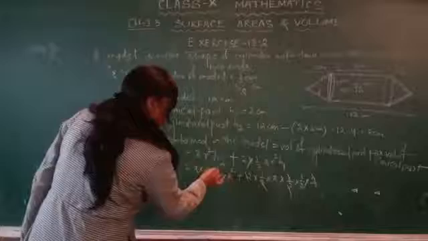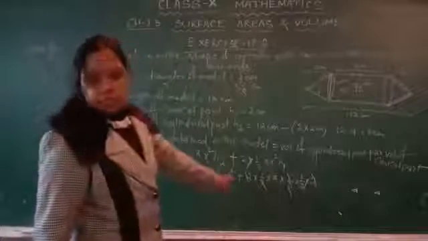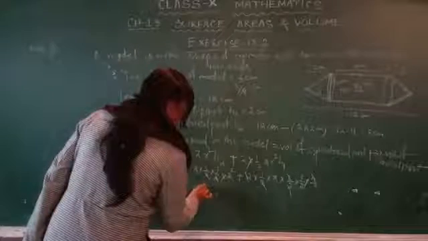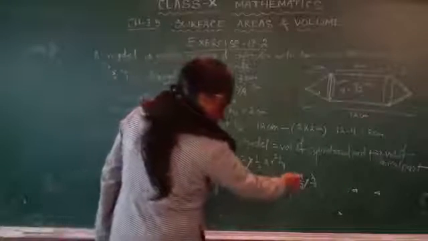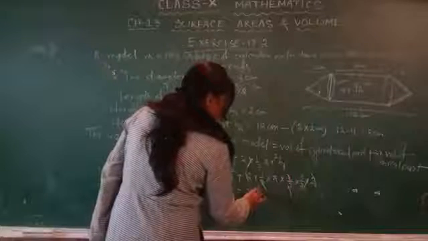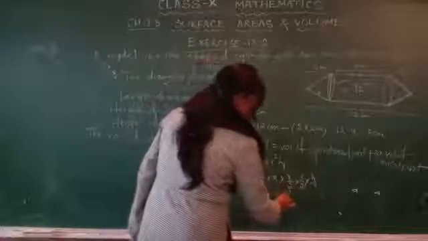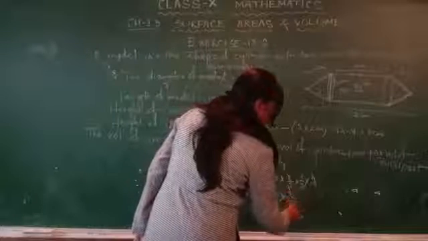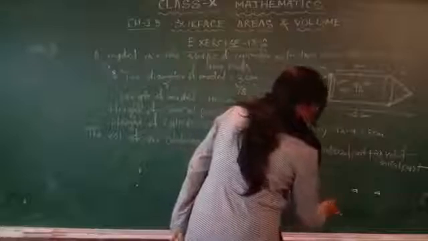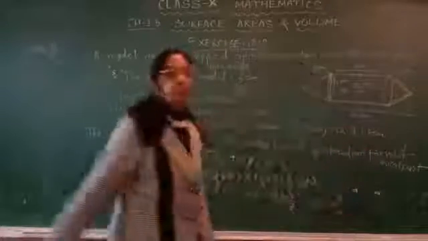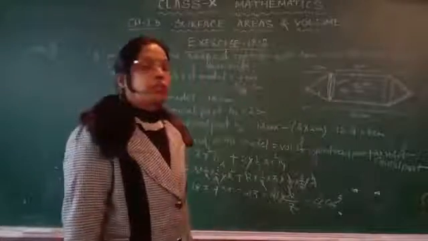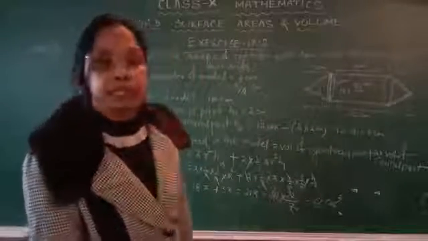So that is equal to 3 into 3 is 9, 9 into 2 is 18 pi, plus 3 pi, that is 21 pi. 21 pi is equal to 22 upon 7, cancel 3, that is 66 centimeter cube. Okay, so the volume of this model is equal to 66 centimeter cube.